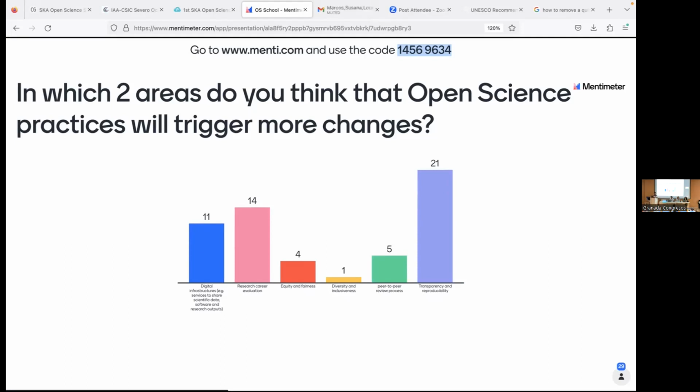Lourdes, yes. I fully agree. In fact, what I marked in my answers is not where I think the impact will be most obvious. Obviously, it's going to have an impact on transparency and reproducibility by definition. But I put equity and fairness because, even if this might be unseen or not so obvious, we really need that so much. We cannot keep the model of the institutes and countries with higher incomes, with higher capacities to pay for journals, driving the science we do.